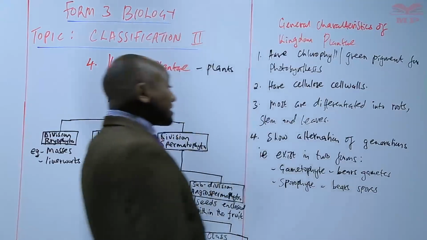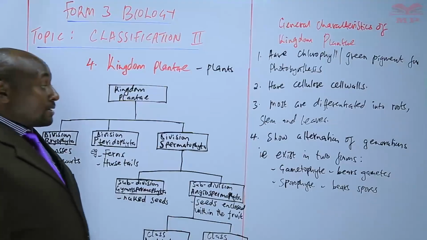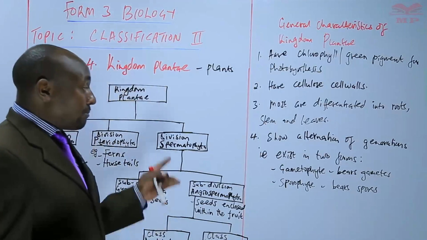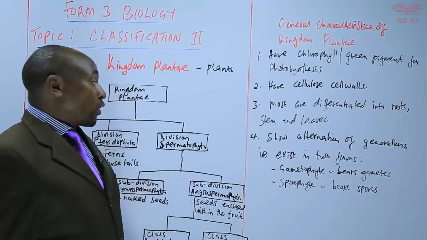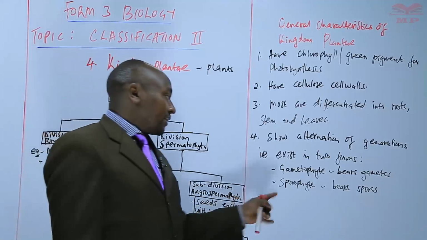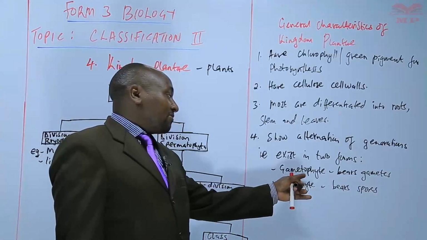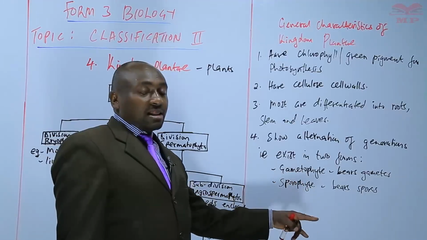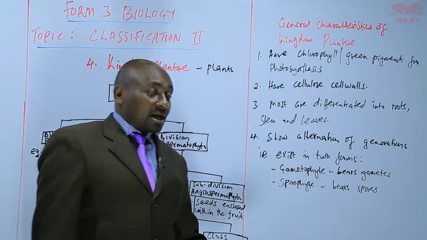So the existence in two forms within the same type of plant is what we are calling alternation of generations. The generations alternate. You'll find that some plants have more gametophyte than sporophyte. Others have more sporophyte than gametophyte.